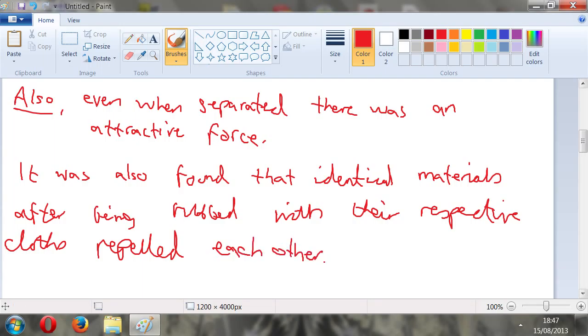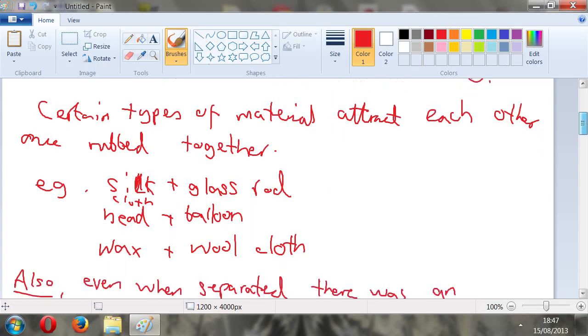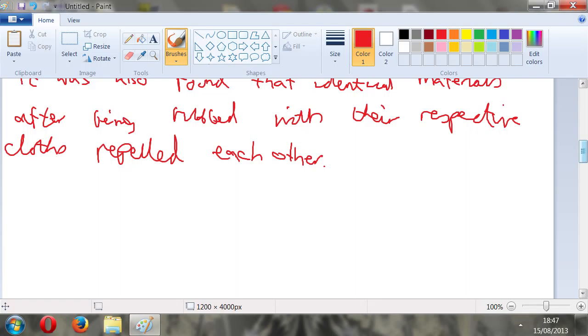So for instance, say you had glass rods. These glass rods would actually repel each other after being rubbed. So there's obviously something going on.